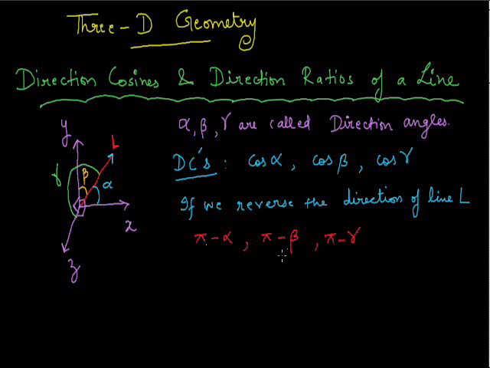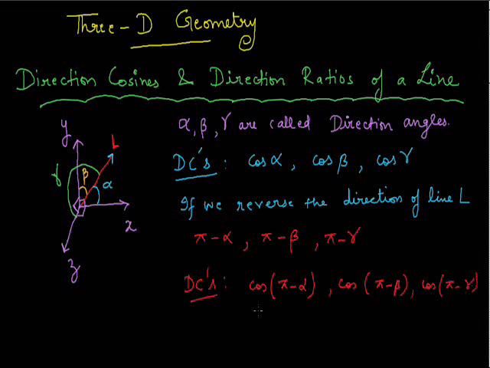When we take the cosines of these angles, we get the DCs of the reversed direction line. So the direction cosines would be cos of pi minus alpha, cos of pi minus beta, and cos of pi minus gamma, and the answers would be minus cos alpha, minus cos beta, and minus cos gamma.